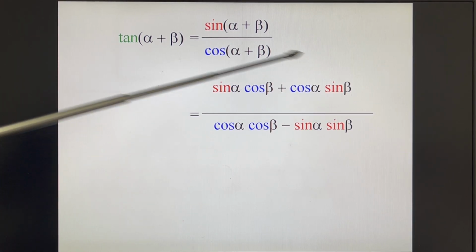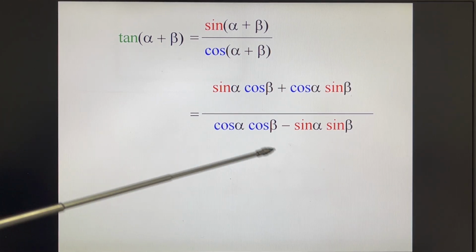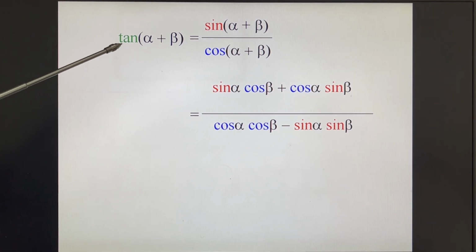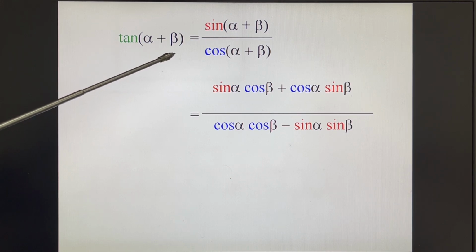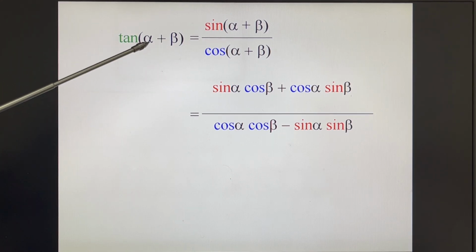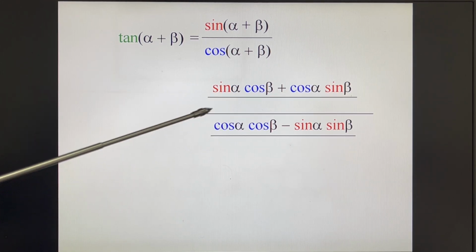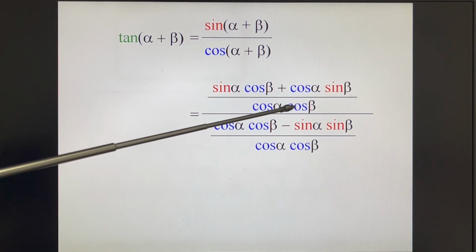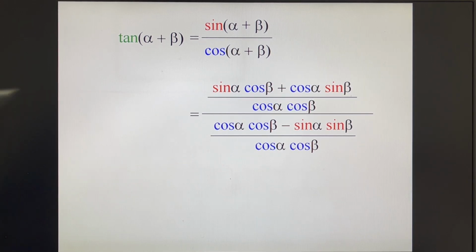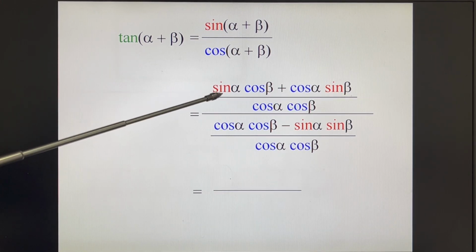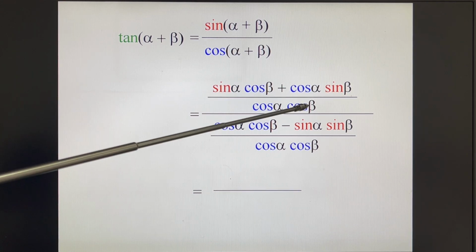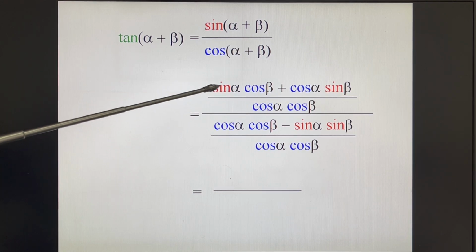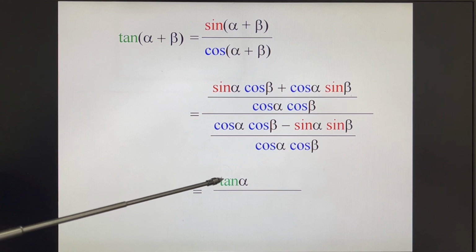Unfortunately, this expression is not what I want. I want to express tangent alpha plus beta in terms of tangent alpha and tangent beta. How can I do this? I divide by cosine alpha cosine beta on both sides. We look at this. Cosine beta cancels out: sine alpha over cosine alpha, tangent alpha.